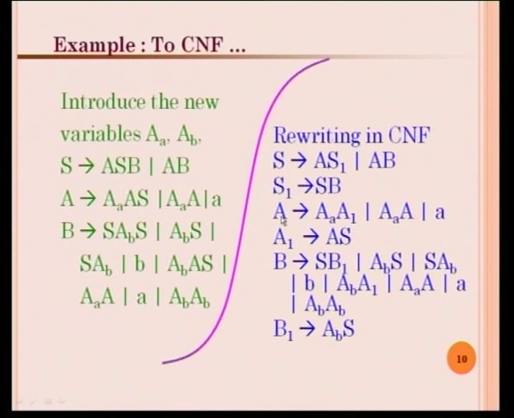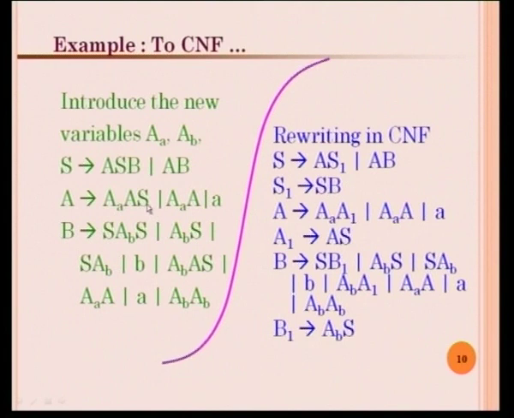Then when you go to the production rule for A, we find that there is A with suffix A, then once again capital A, then capital S. So 3 variables are available, but we cannot have 3 variables simultaneously on a production rule to call the grammar CNF.